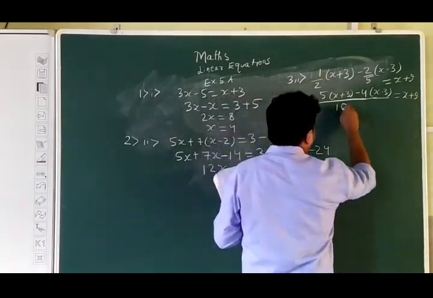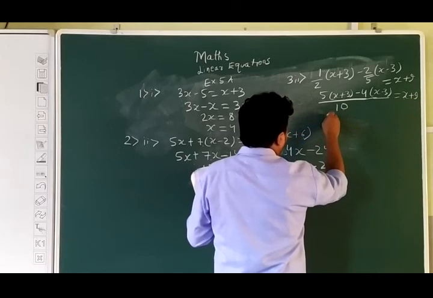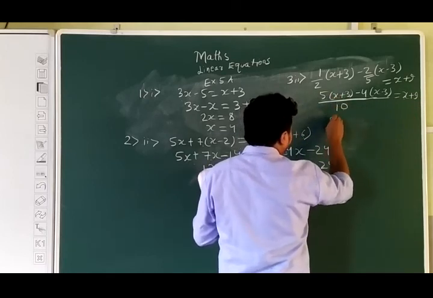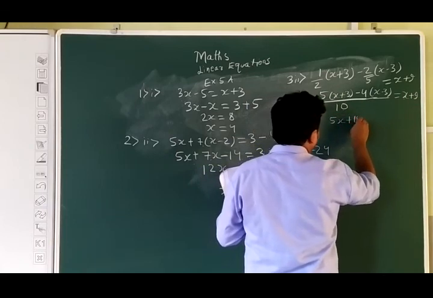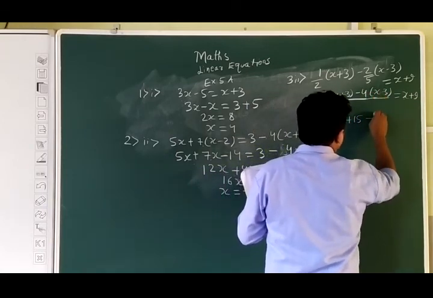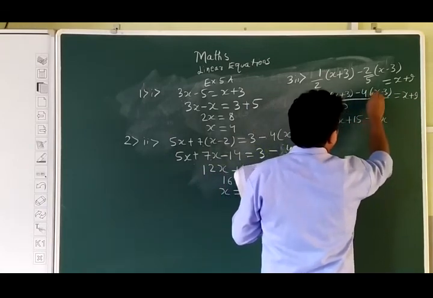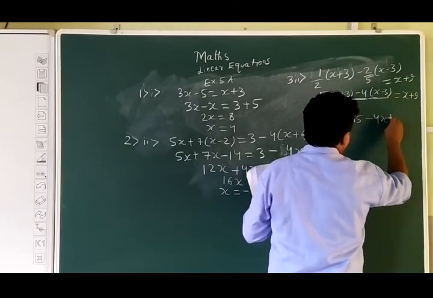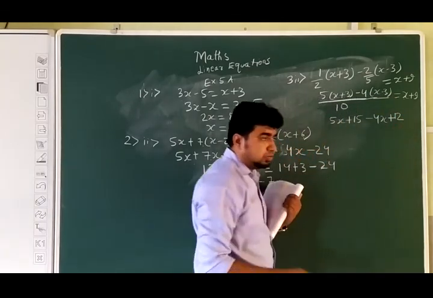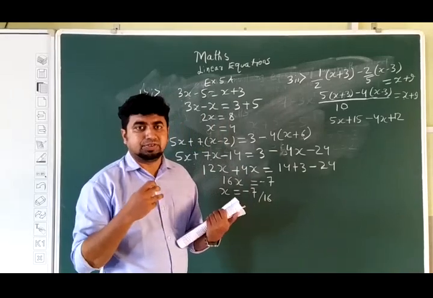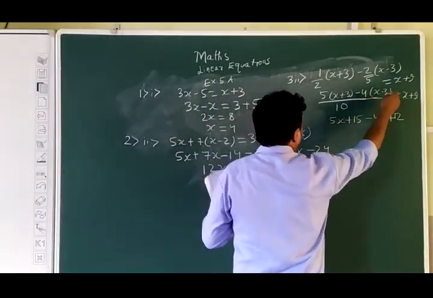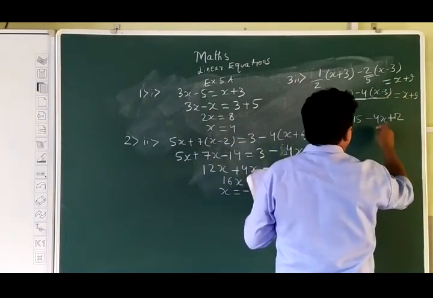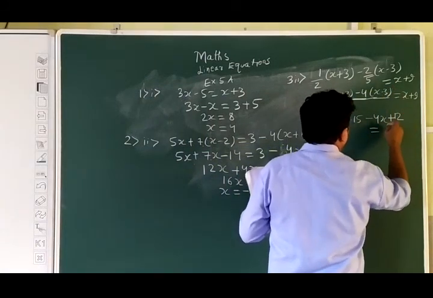Now this 10 will be multiplied, 5 into x is 5x, 5 into 3 is 15, minus 4 into x is minus 4x, minus 4 into minus 3 is plus 12. We have studied about this in fundamental operations. That's why we studied that chapter first. Minus 4 into minus 3 is plus 12. 10 into x plus 9.